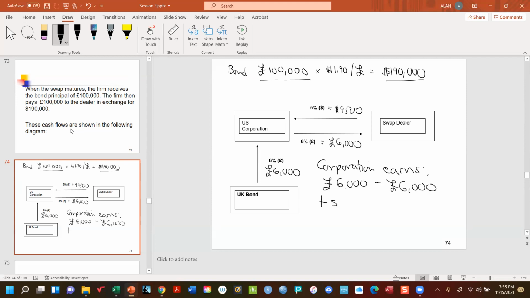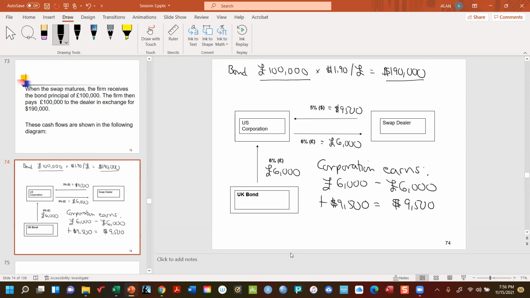But then they collect 9,500 from the dealer. So they're basically getting $9,500 in interest payments every year from their position, in spite of the fact that they bought a British bond.